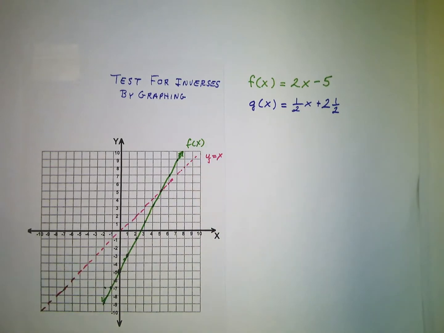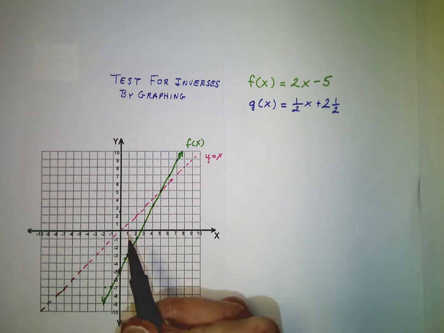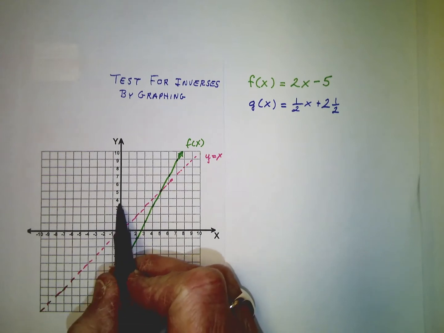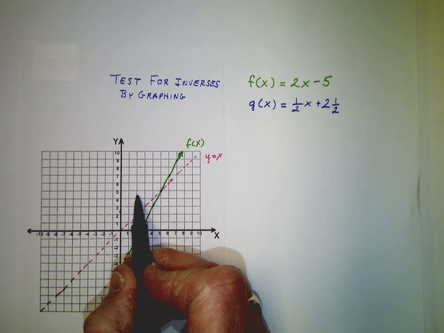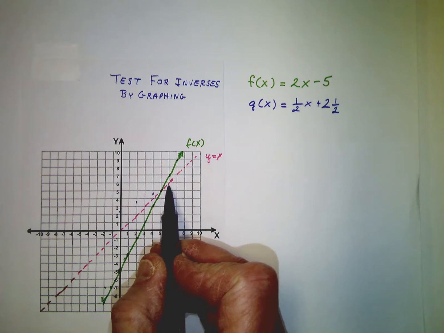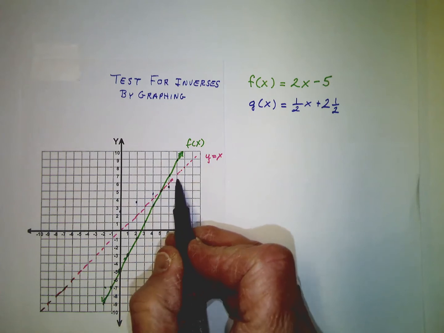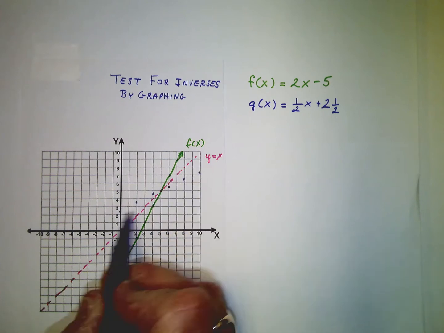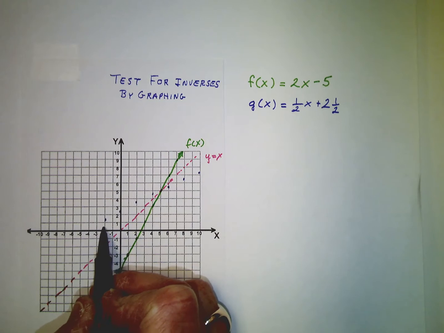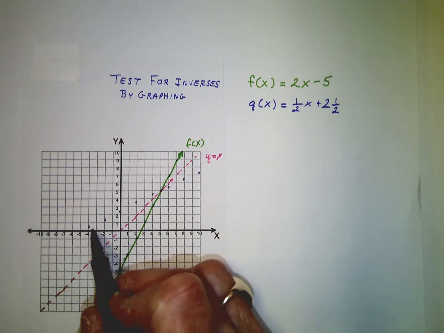And then g of x has a y-intercept of 2.5, and the slope is a half. So up 1 over 2, up 1 over 2, or we could go down 1 over 2, and so on.